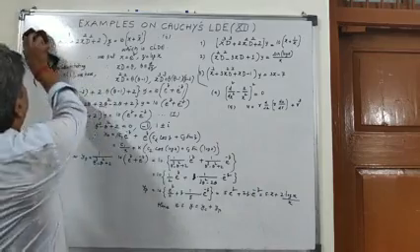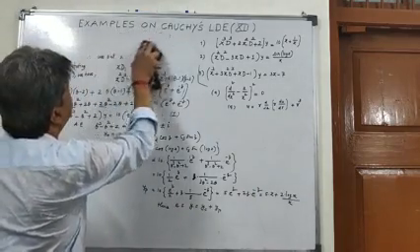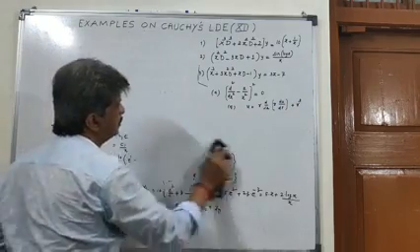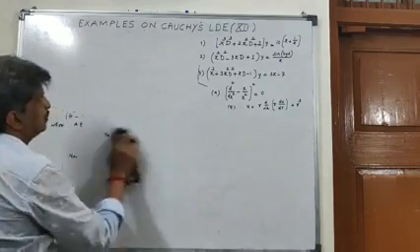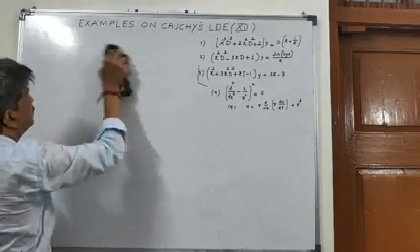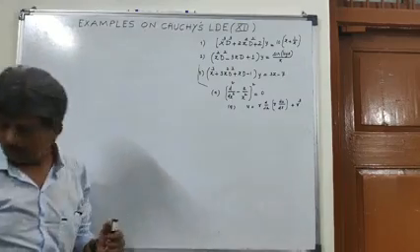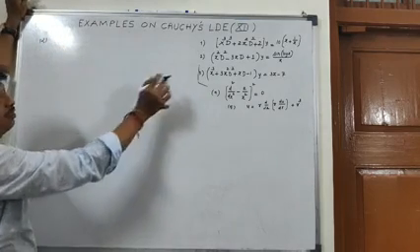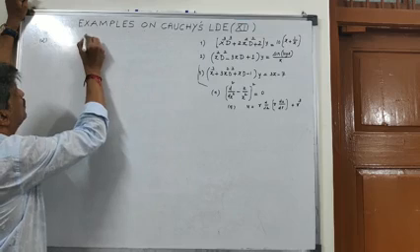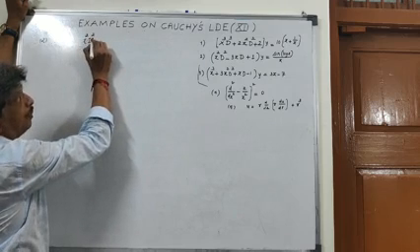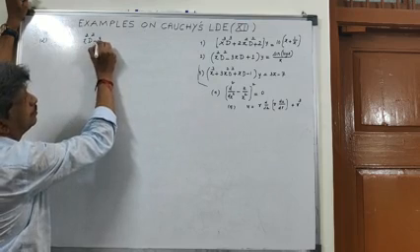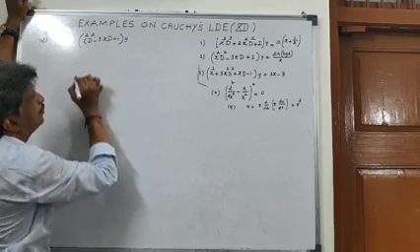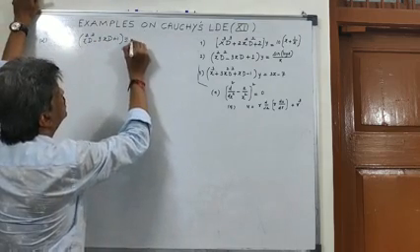Now, the second example. What is the second example? x squared d square minus 3xd plus 1 times y equal to sine of log x by x.